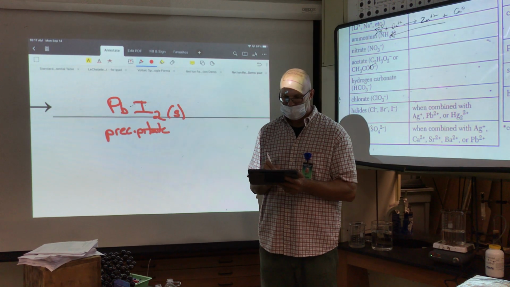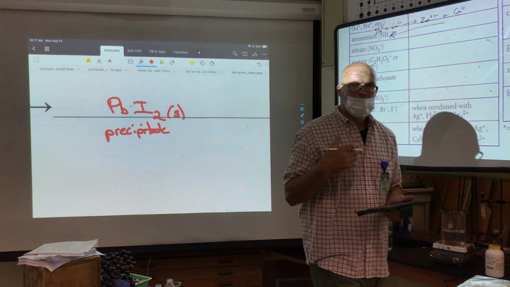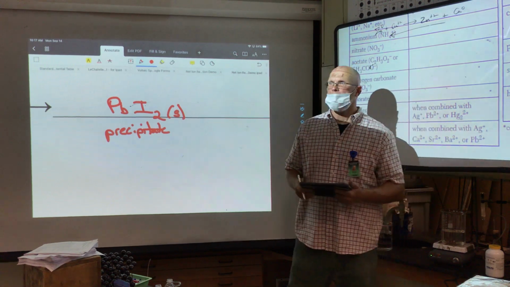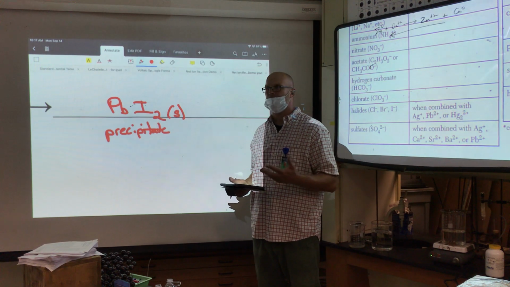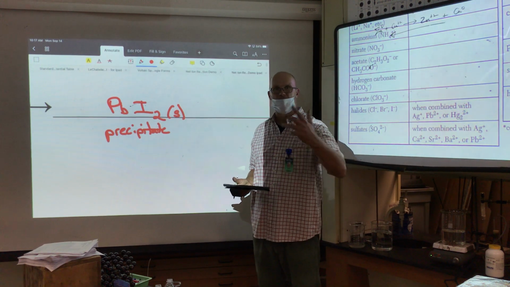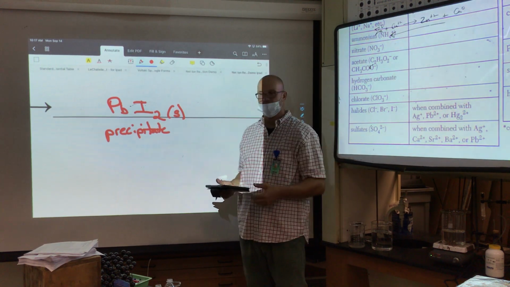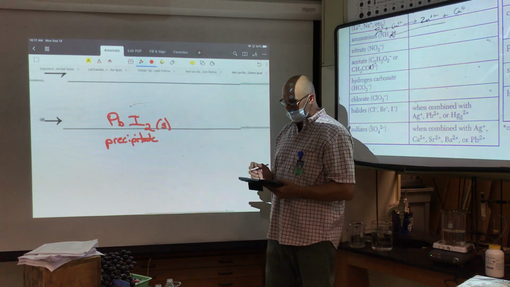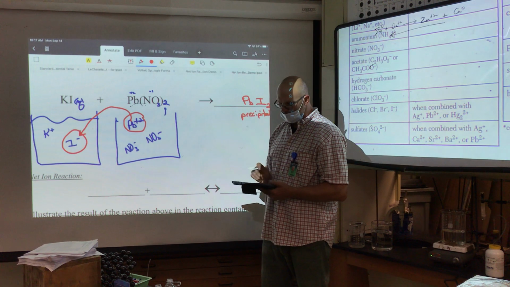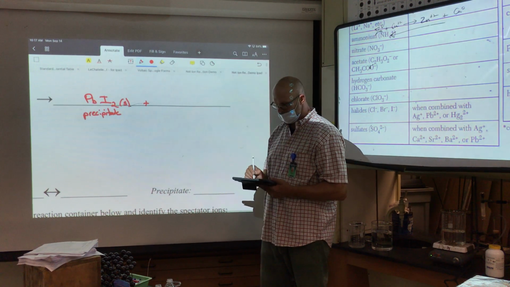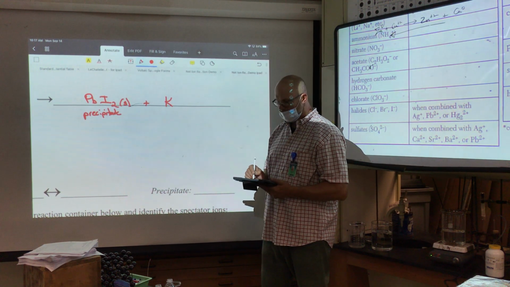Precipitate is a word we use when a new phase is occurring. Hey, we say it's precipitating out when it's snowing or raining. It's liquid coming out, normally it's gas. Okay? So that's a solid. Now, what else happens? People say, well, the K+, which is positive, hooks up with a what?